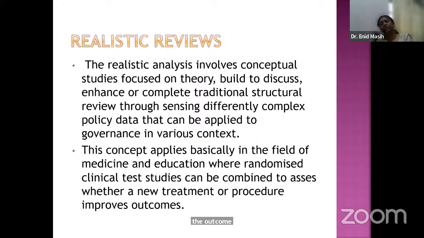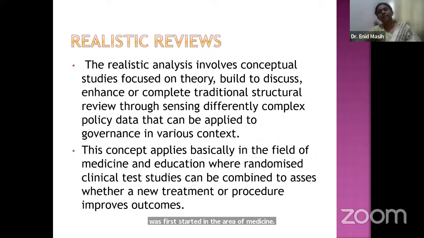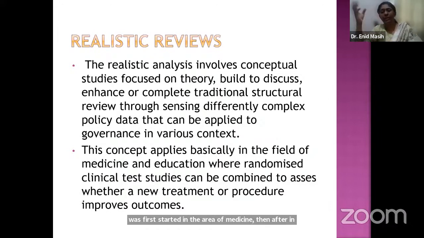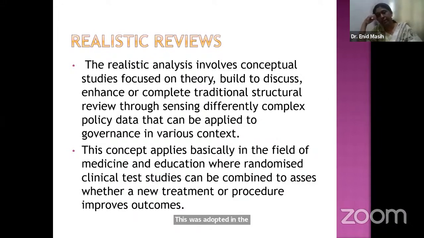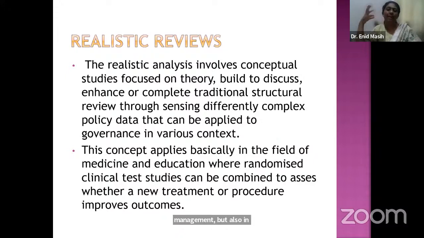When I was giving you the introduction to systematic literature review, at that time I told you that the systematic literature review was a concept first started in the area of medicine. Then it was adopted not only in the area of management, but also in different areas of humanities.